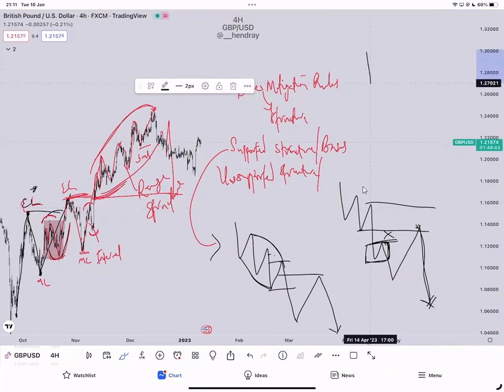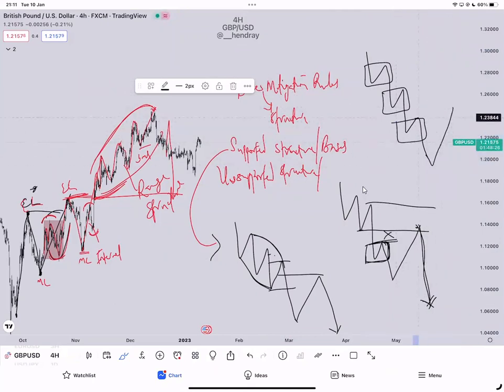So for example, we have this structure not supported, and also this one, all not supported. This one is not supported. This one is not supported. And also this one is not supported. So the rule says that price will take out the first one as liquidity and use the second one as continuation of order flow. Okay, so these are the rules of unsupported basis.